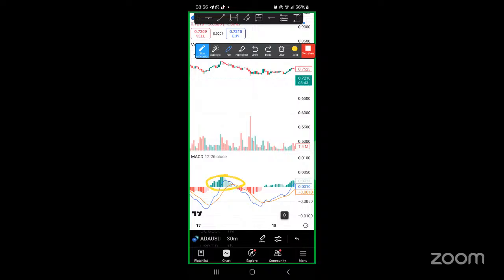We have this graph up, which is in green, and then we have this one down, which is in red. The green one represents the buyers, and the red one represents sellers in the market. The orange line, we call it the signal line.